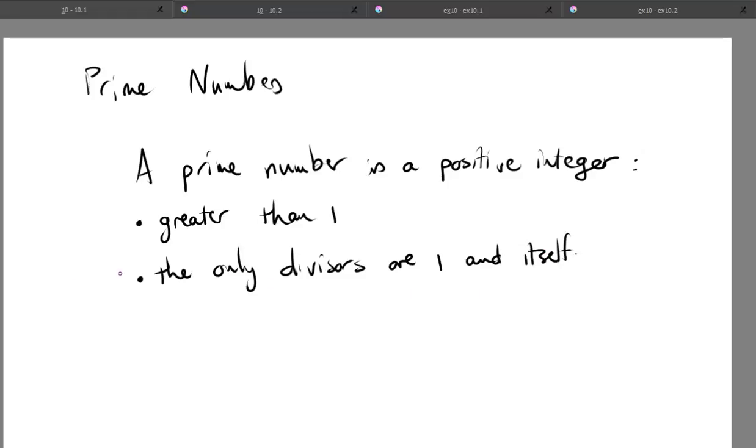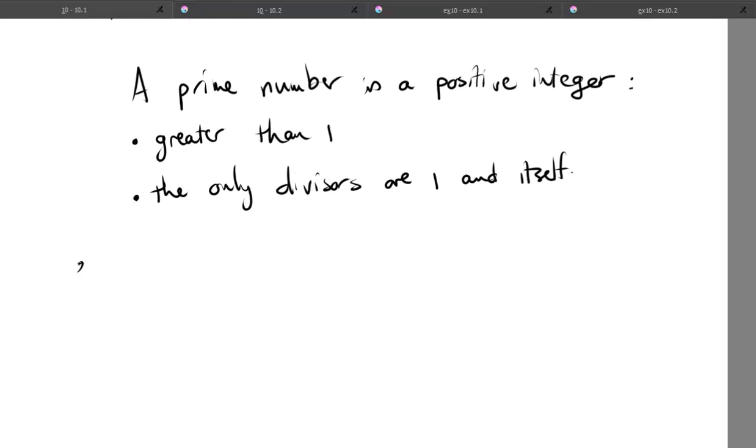Now, for example, 1 is not a prime number because we are looking for numbers greater than 1. And 1 is special, so it doesn't really follow the same rules and therefore can't be included in this definition. 2 is a prime number because the only divisors are 1 and 2 itself.